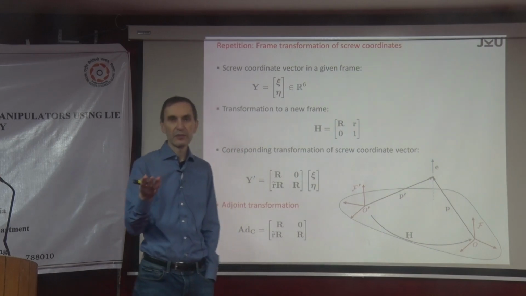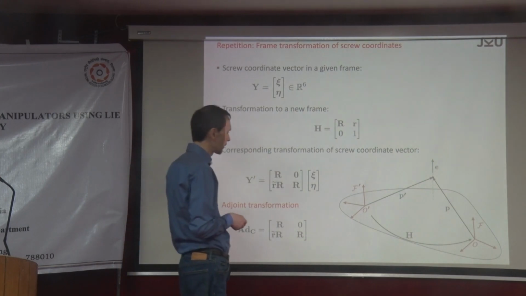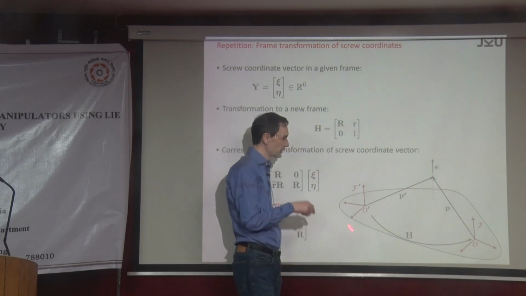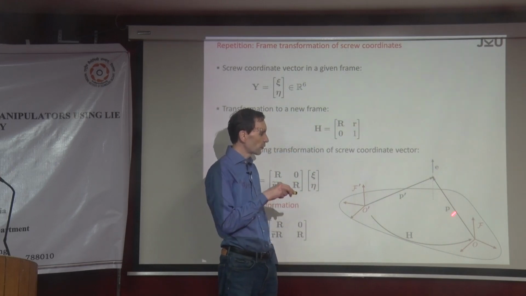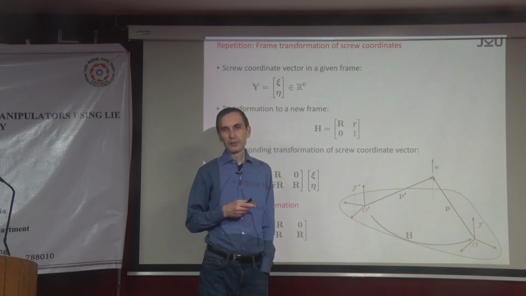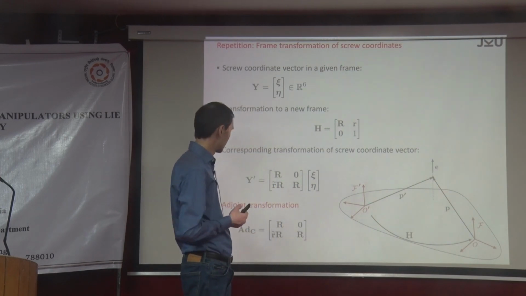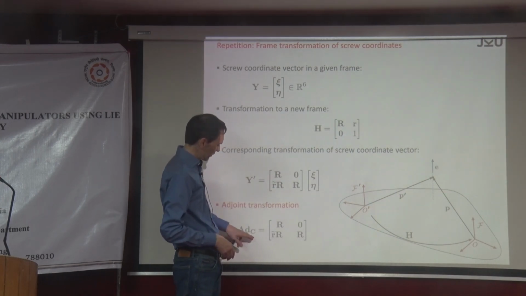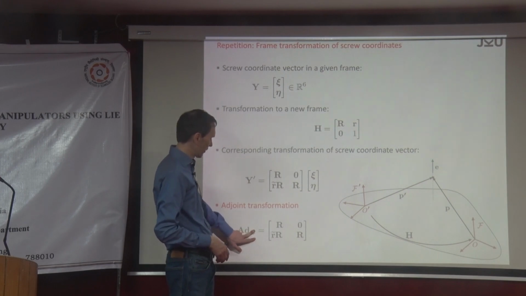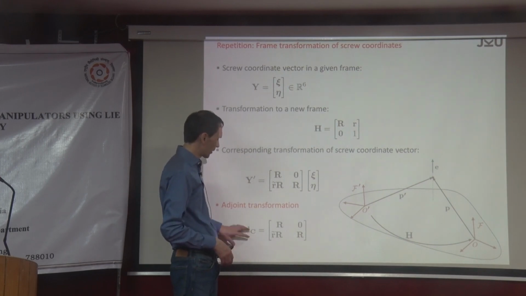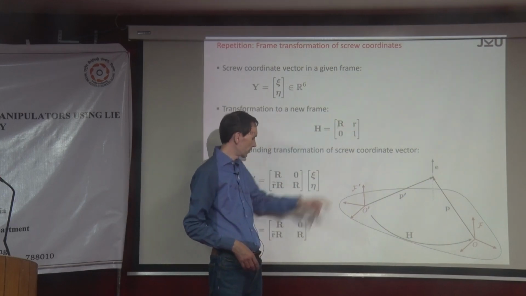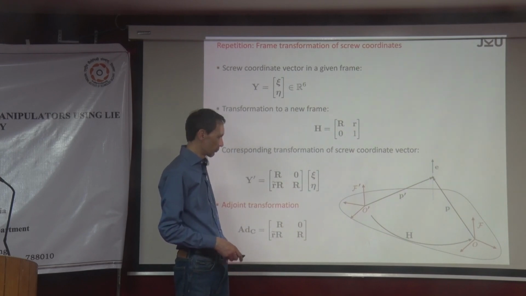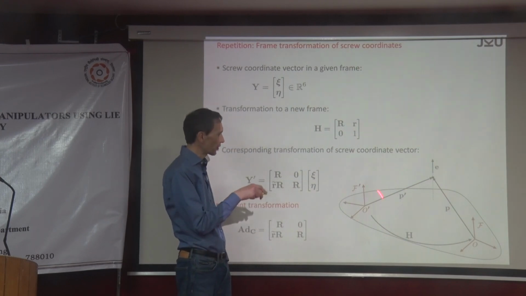And the same goes on the level of twists. That means velocities and screw coordinates, in a sense that if you have a twist measured, like omega and v, in this frame, you get it transformed into this frame by applying what you call the adjoint transformation. And if you have a matrix H, that should be H actually instead of C, sorry, then you plug in the components of H, which are R and little r, in here, and that transforms the screw coordinates or the twist from here to here.